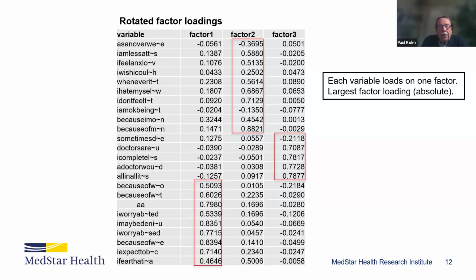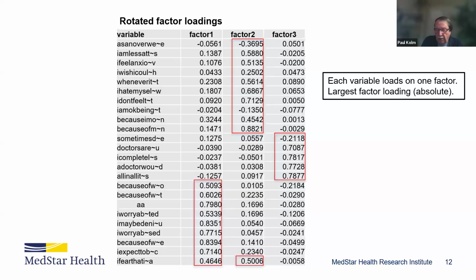Now, as I mentioned, there's something of a potential issue here. If we look at this factor loading for the last variable, it actually loads on factor 2 because that's the highest, it's 0.5, but its loading on factor 1 is 0.46, which isn't that much different from 0.5.